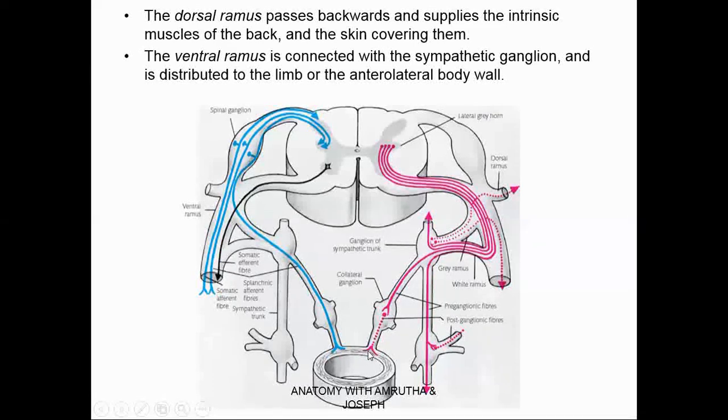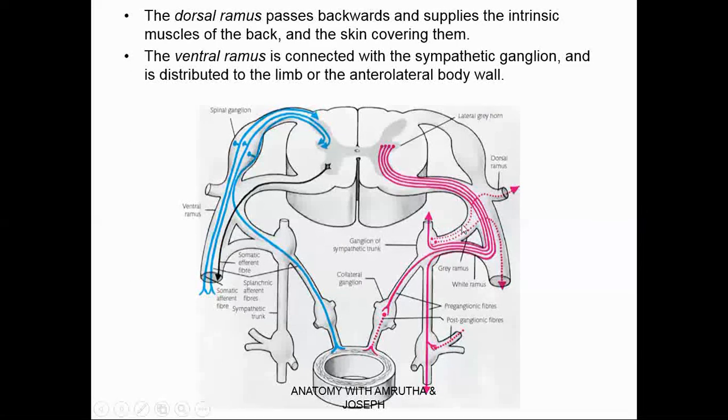and they supply the organ. Now, when we talk about the white rami communicants or the preganglionic fibers in the sympathetic system, they are very short because the sympathetic ganglion is lying very near to the spinal cord. So the white rami communicants are very short here, or the preganglionic fibers are very short here.